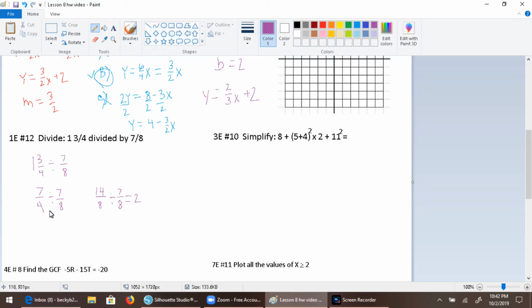Down here, another way to do it is to just flip this fraction and multiply. So you take 7/4 multiplied by the reciprocal. Flip the fraction, it would be 8/7. So we have 7 times 8 at the top, and we have 4 times 7 at the bottom.